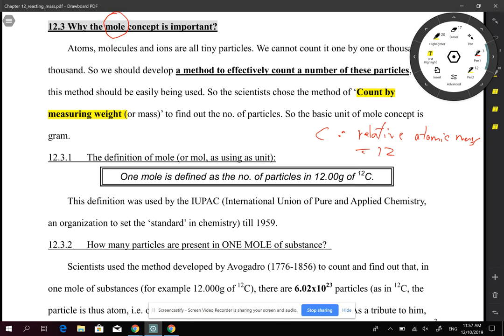Then the scientists discussed it for a long time, and decided: what is 1 mole? 1 mole is the number of carbon atoms when we have 12.0 gram of carbon.